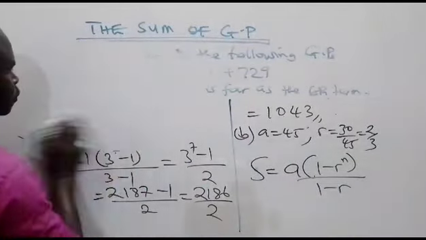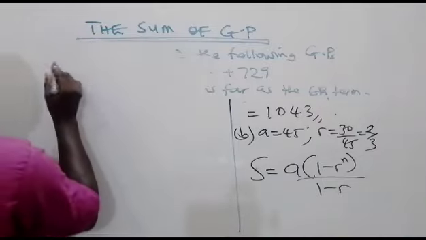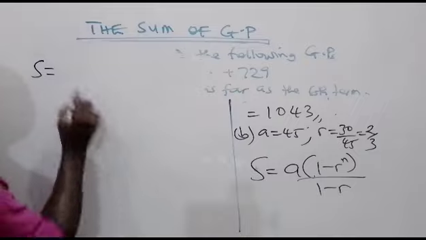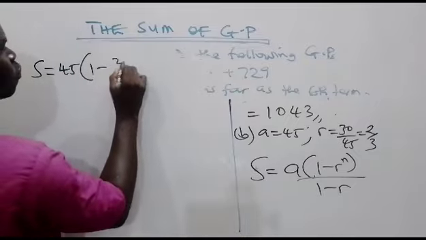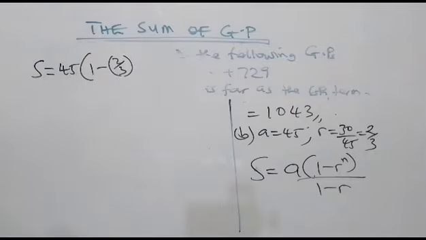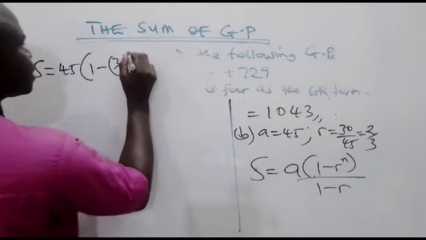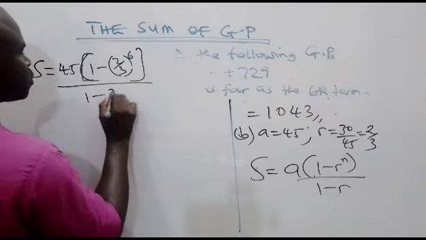So in this case, the sum can be equal to, A is 45, so we have 45 into bracket 1 minus 2 over 3 raised to power n. In this case, we have to find n as far as the sum is concerned. So n is equal to 6. That's what you are going to get there, all over 1 minus 2 over 3.